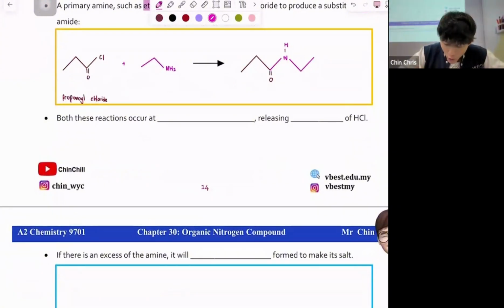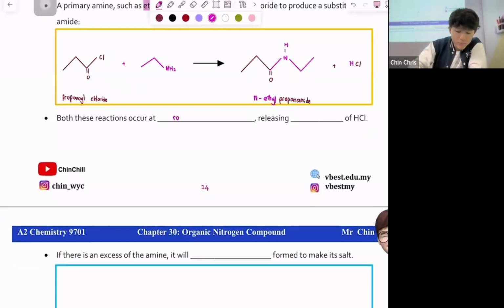Okay, so guys, this we call an N-ethyl propanamide, right? Well done. And don't forget HCl is formed here. So this reaction can happen at room temperature because acyl chloride is very reactive. And you will get white fumes of HCl.